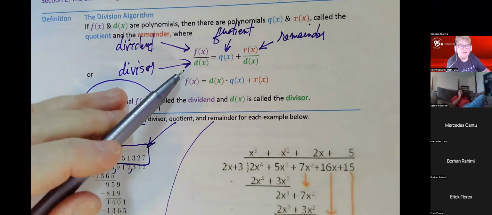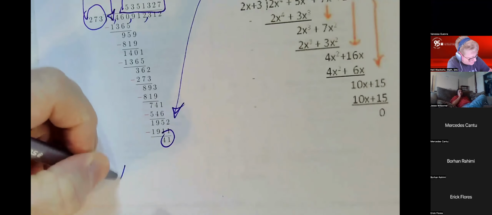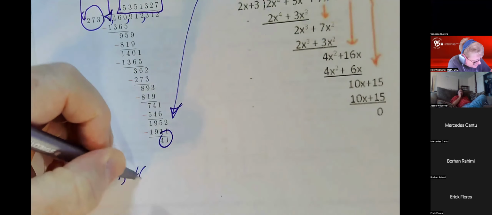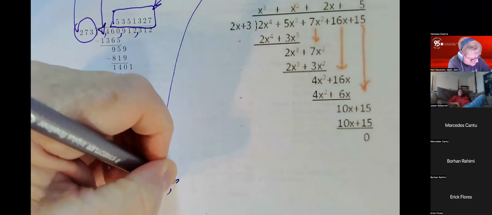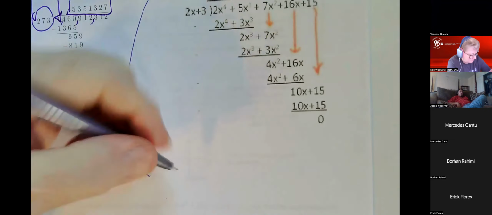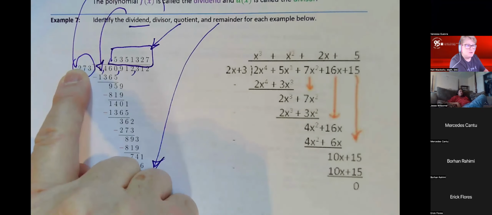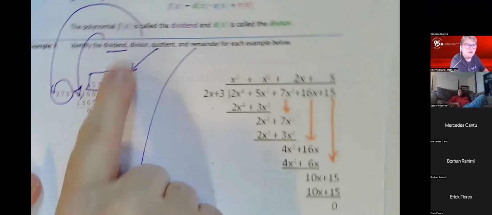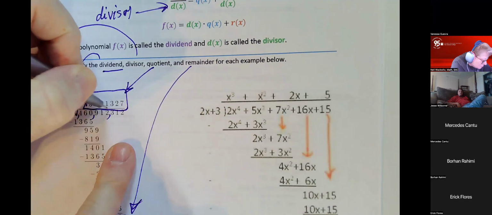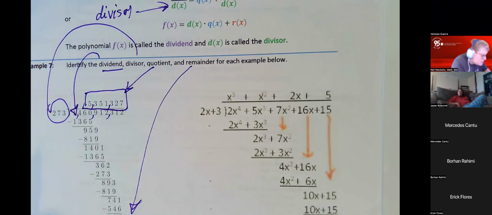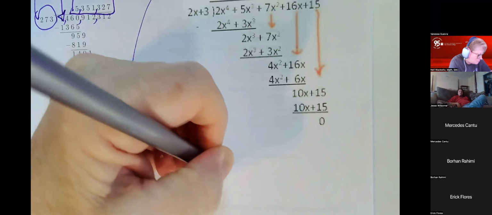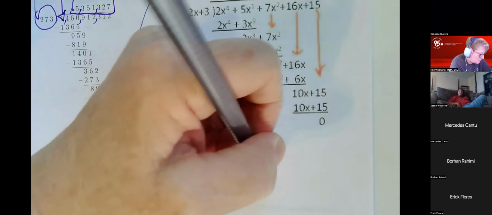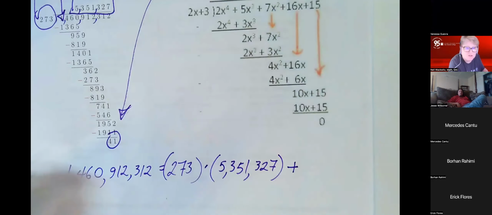So we could say, the original number, 1,460,912,312, equals the divisor, 273, times the quotient, 5,351,327, plus the remainder, plus 41.